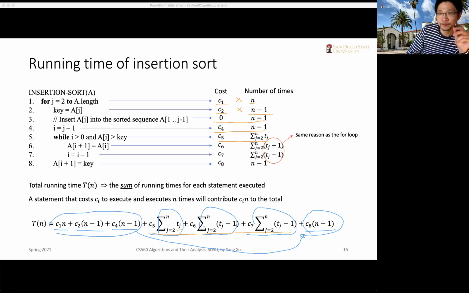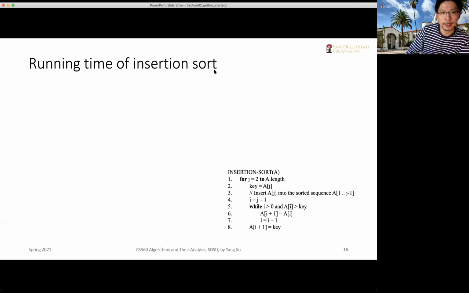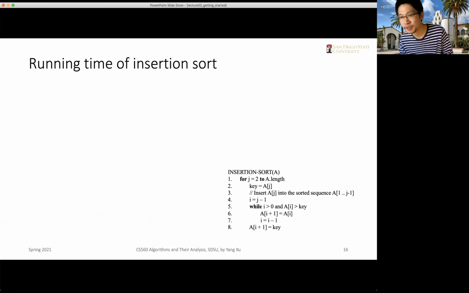We want to have more information about what TJs are. So in the next slide we will analyze what TJ would be.